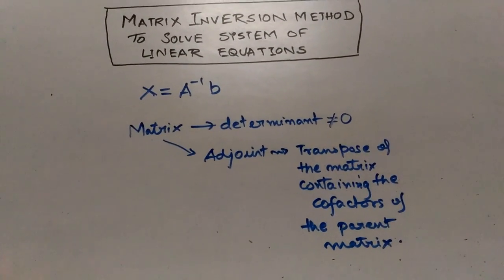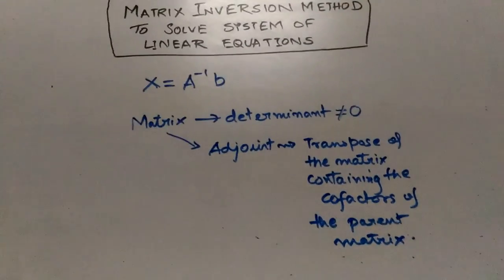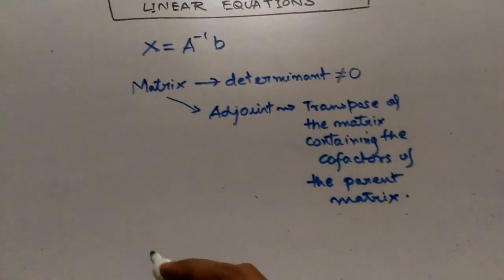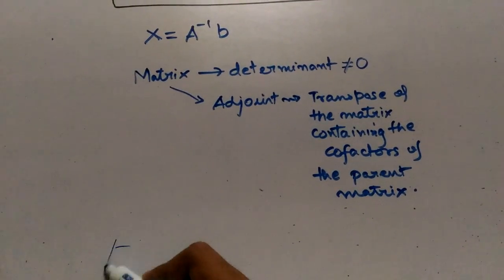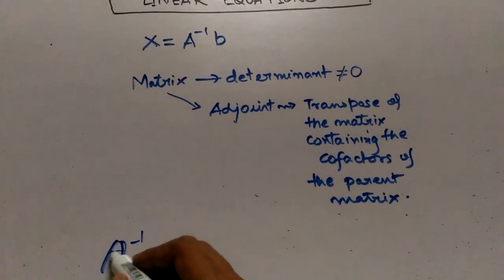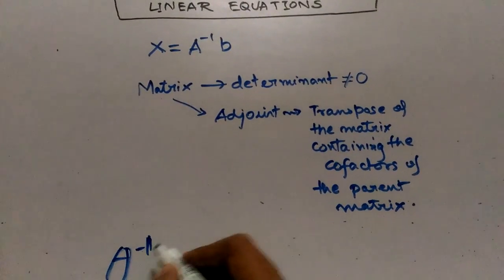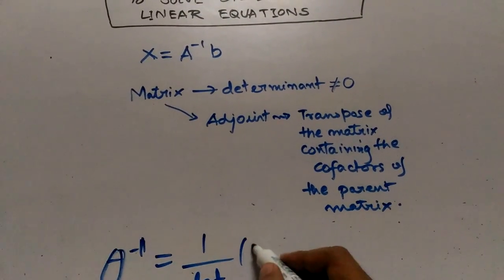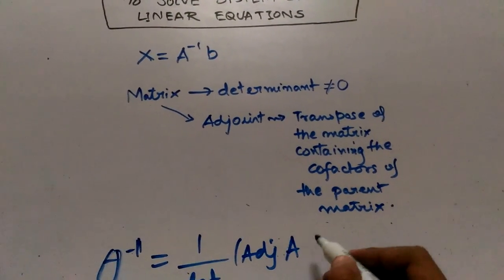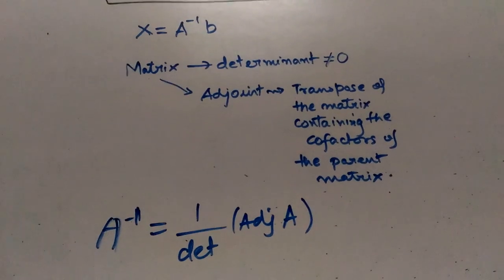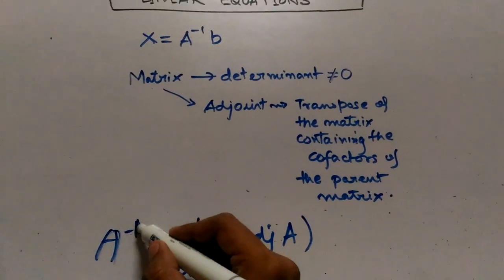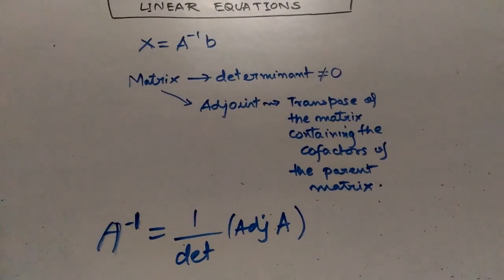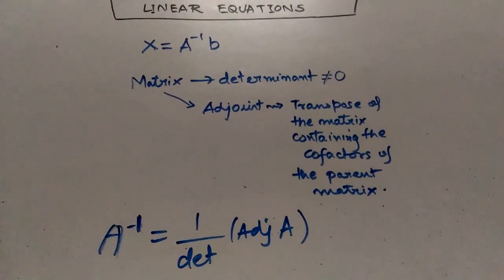Now if the determinant is not equal to 0, then we will use this formula: A inverse equals 1 by determinant into adjoint of A. So this is the formula to find the inverse of a matrix.